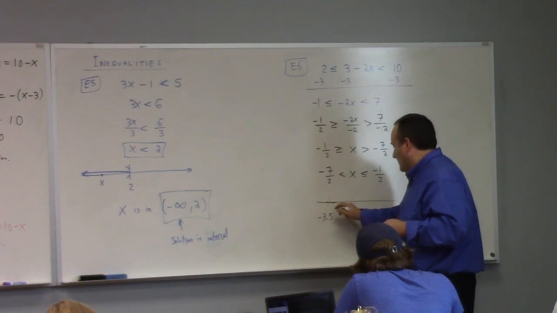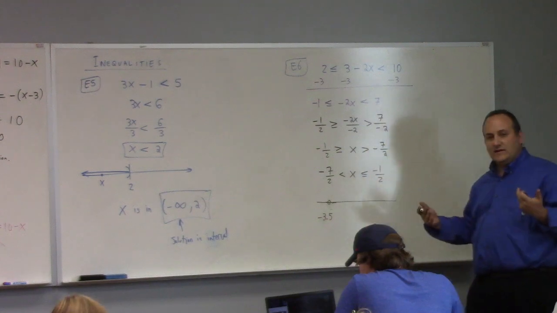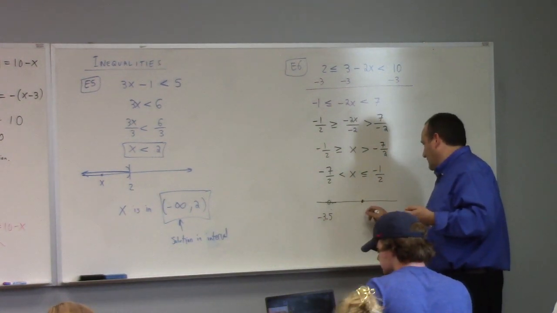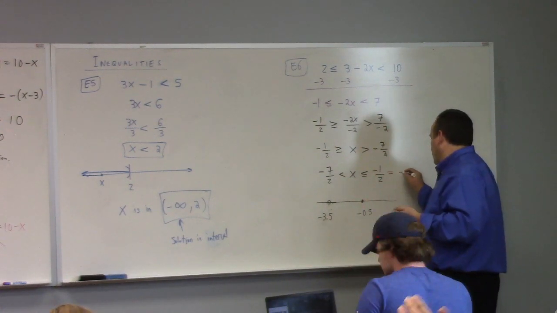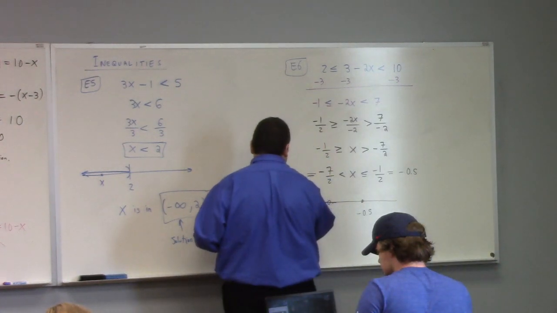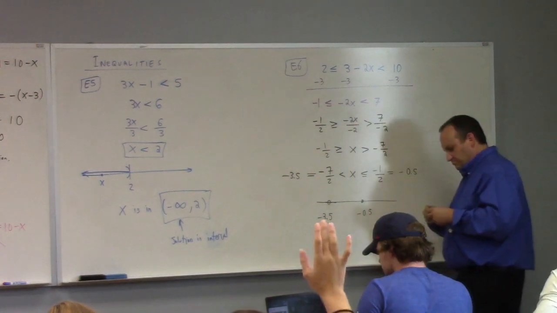So there's really two competing notations. The one notation is like an open circle. Open circle says the point's not included, all right? And then the closed circle says the point's included. So that's like minus 0.5. This is minus 3.5.